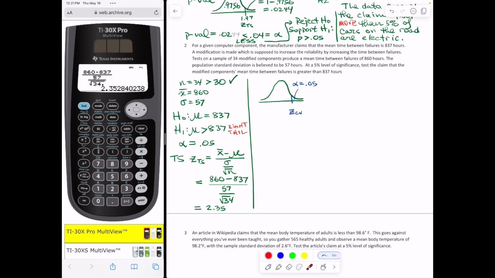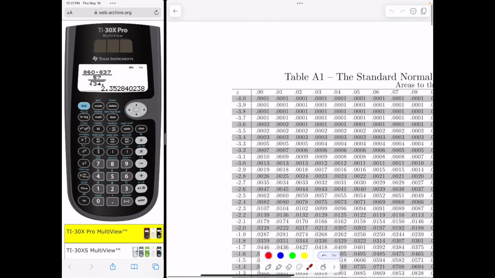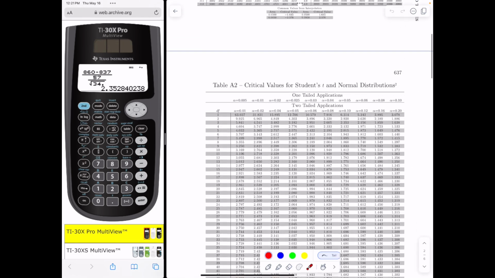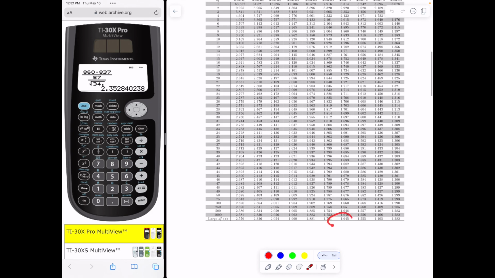So I'm going to slide over and see if I can pull this off. All right, so table A2. Okay, so in this one, as we said, it's a 5% level of significance with a right tail test. So one tail alpha 0.05, z-scores are always in the bottom row. So if you can see that, that's a 1.645 down there, okay, for our z-score.